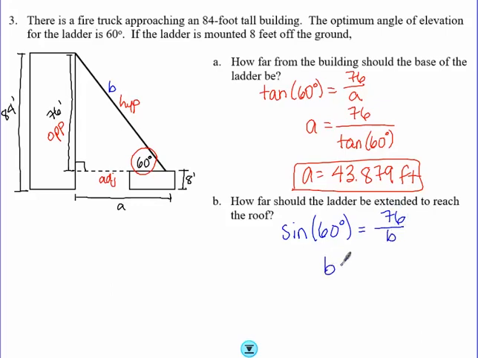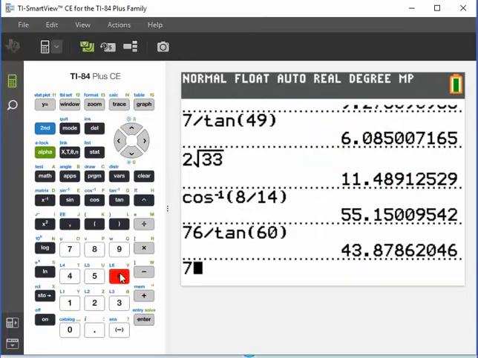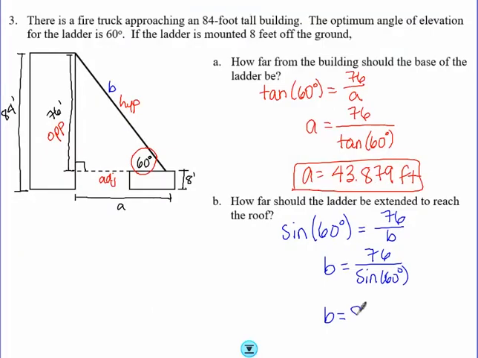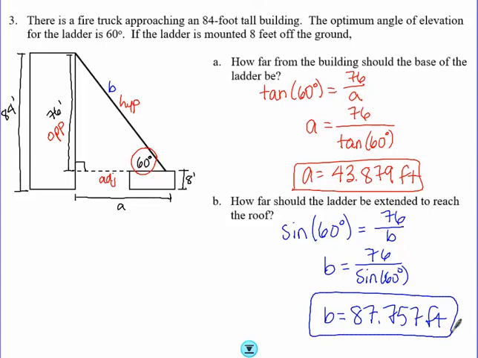If I solve for B, I get 76 over sine of 60. And then if I put that in the calculator, I get 87.757 feet. So that's about how long the ladder would have to be to reach the roof in this situation.